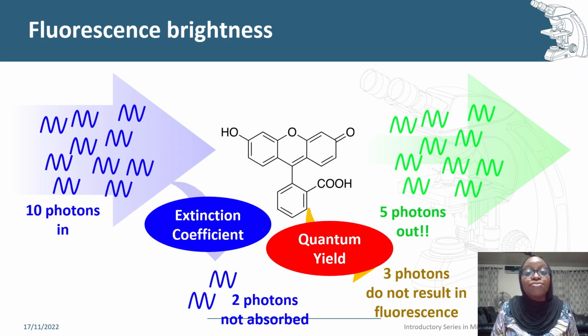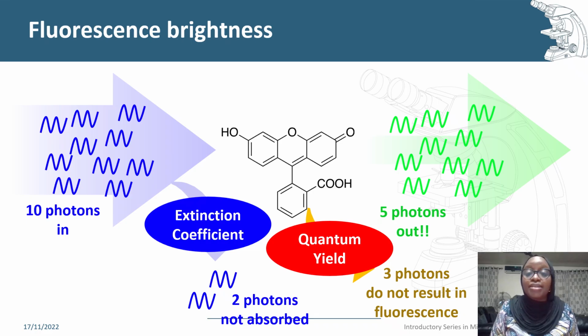So we have the quantum yield, or we take the extinction coefficient first. The extinction coefficient is the capacity for light absorption at a specific wavelength, and it is measured in per molar per centimeter, while the quantum yield is the ratio of the absorbed and emitted photons, that is, how much is emitted.